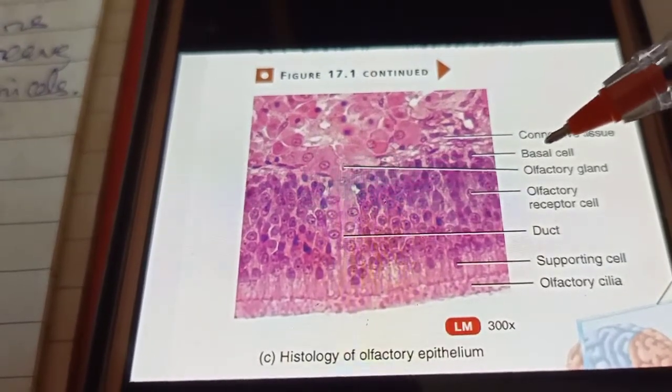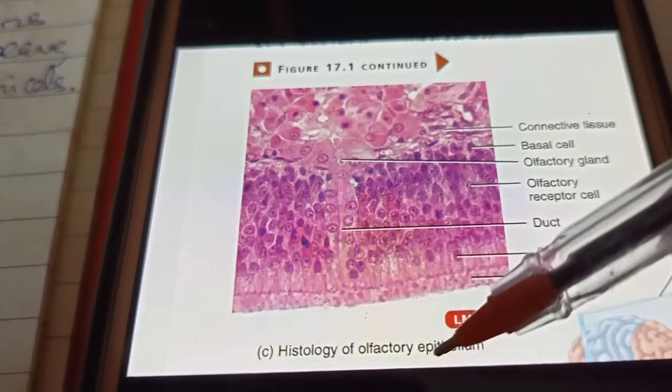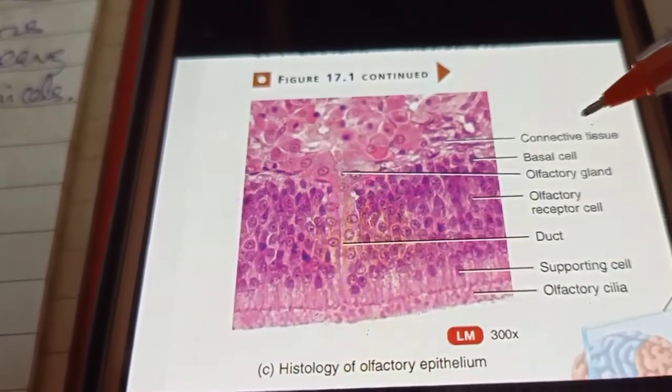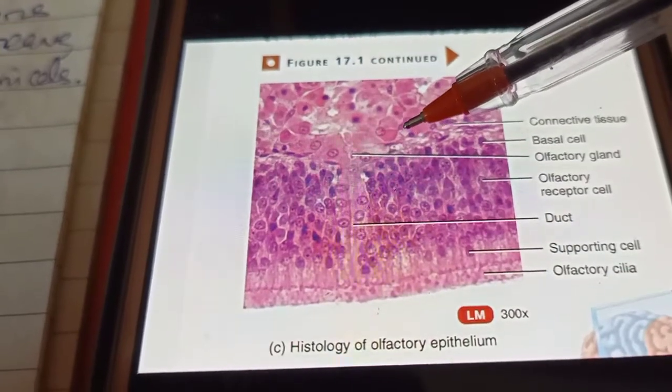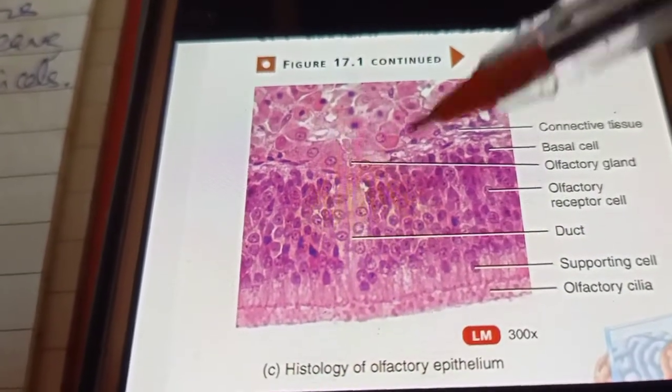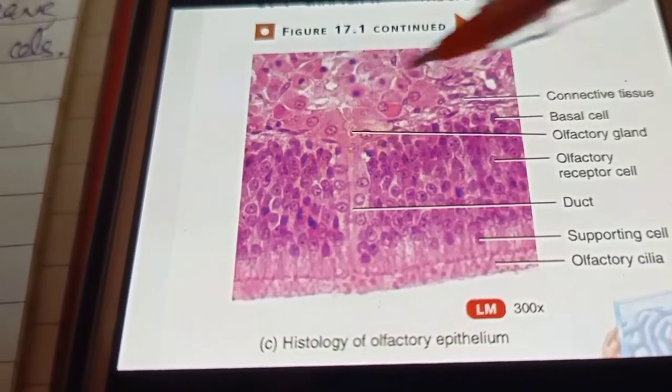Now within the connective tissue of the olfactory epithelium, which is supporting the olfactory epithelium, there is the presence of olfactory glands.